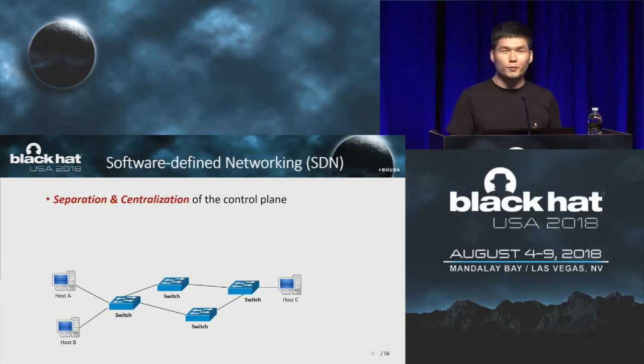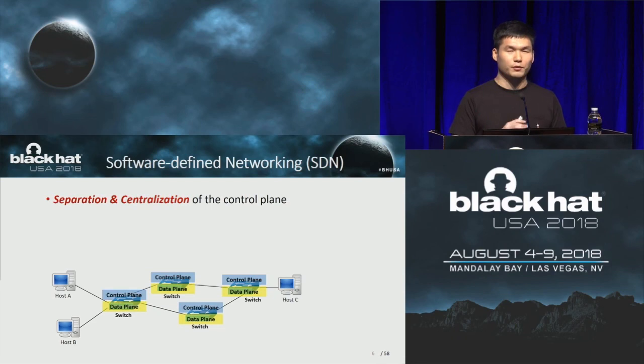To overcome those problems that I mentioned in the previous slide, software-defined networking was proposed. The key idea of SDN is the separation and centralization of the control plane. As you can see here, the network devices that we are familiar with today can be broken down into two different planes. The first one is the control plane, a software component that makes routing decisions and conducts other network functions.